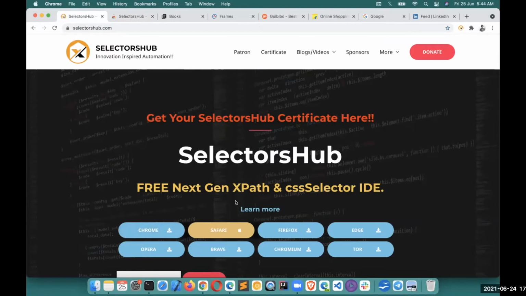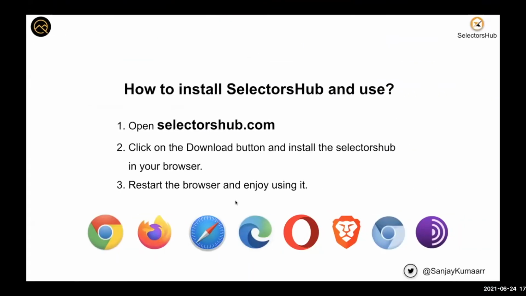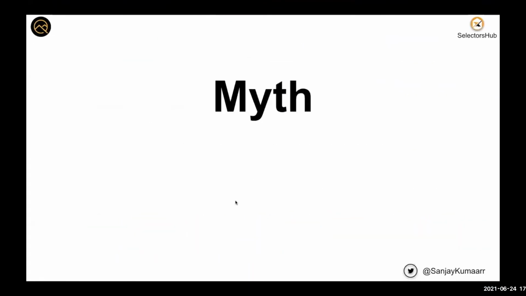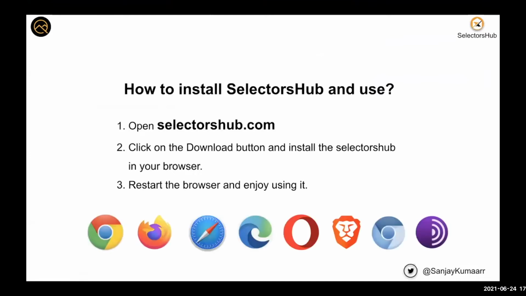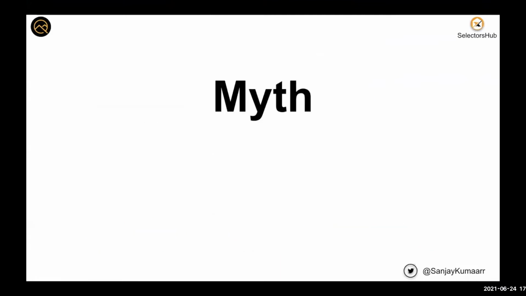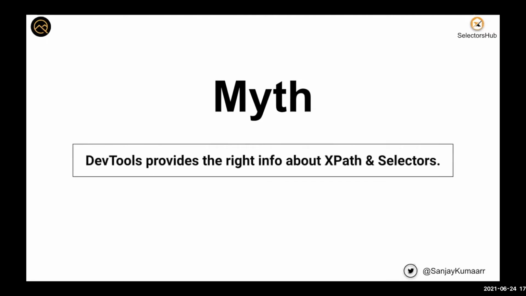Okay. So after adding it, how can we write the selectors and XPath? Before that, I want to tell you something: the biggest myth of our industry. The myth is that, whenever we talk about it, in the past or even currently, we should write our own XPath and CSS selector.